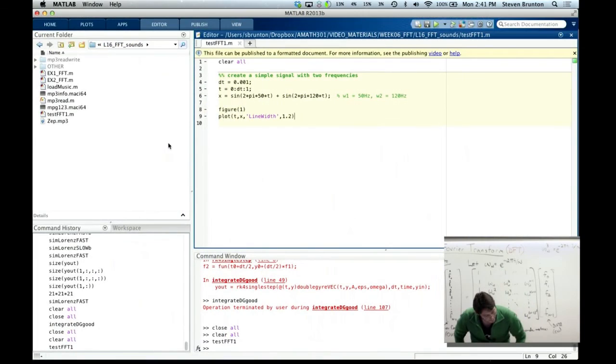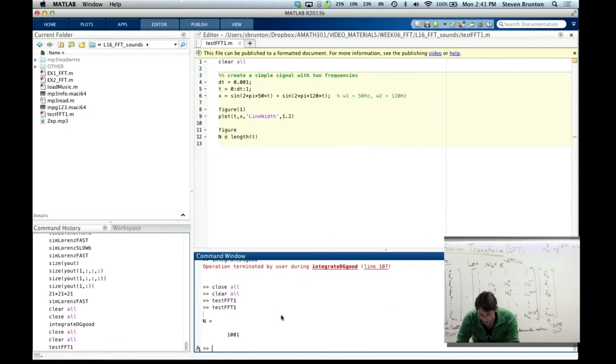Now I'm going to compute the frequency breakdown in the signal. So n is equal to the length of t. That should be n is 1001.